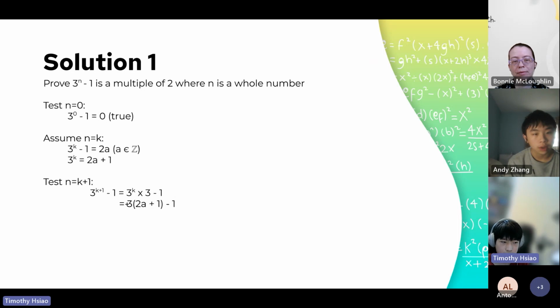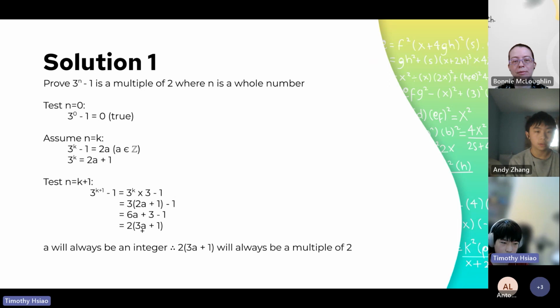So we get 3 times (2a plus 1) minus 1. And we distribute everything and simplify it, which will give us 2 times (3a plus 1). And that means that since a is an integer, 2 times (3a plus 1) will always be a multiple of 2 because a is an integer.